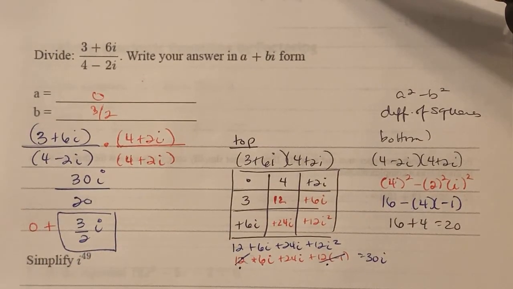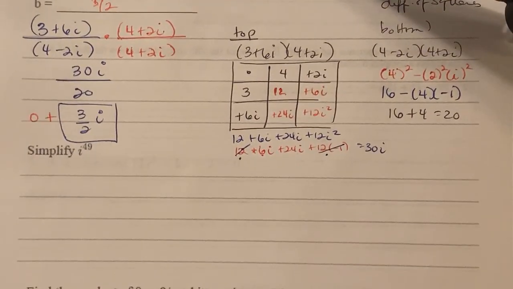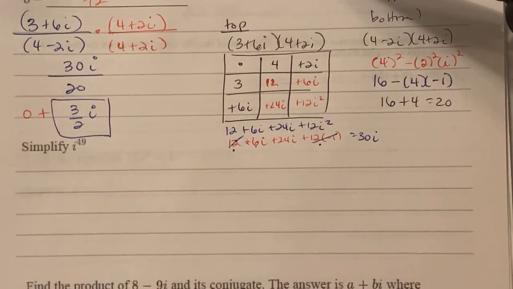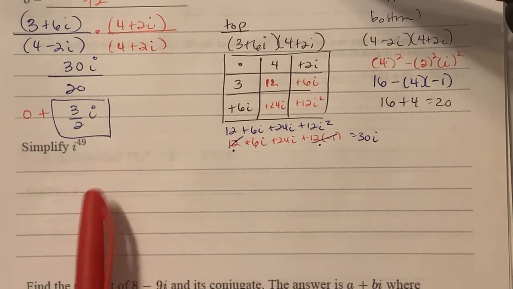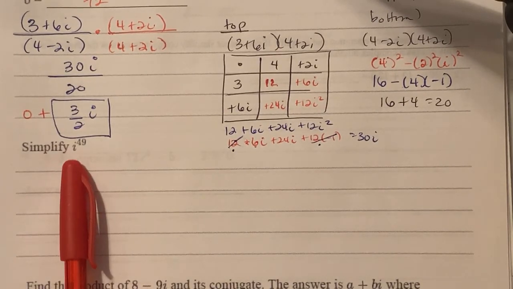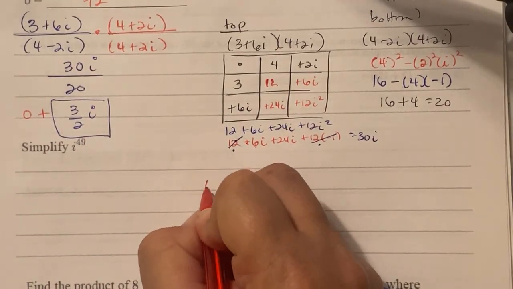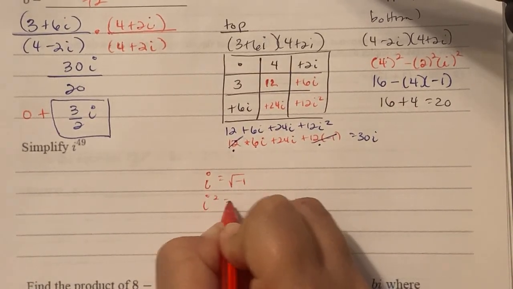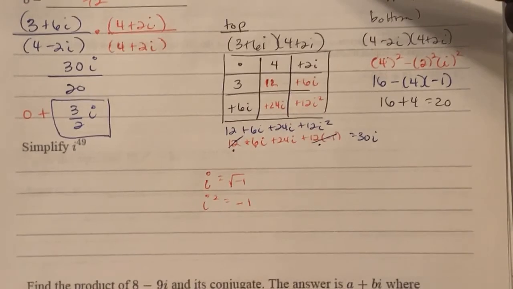Next example. In this one, they want us to figure out what is the value of i to the 49th power. When you come to problems like this, remember the patterns. i is the square root of -1. If I square it, I get -1.